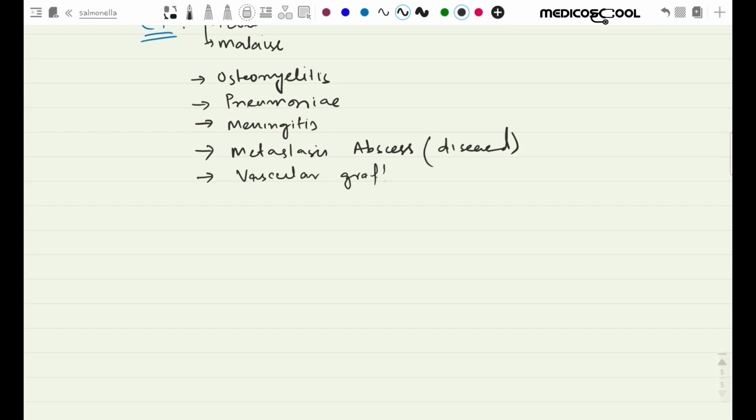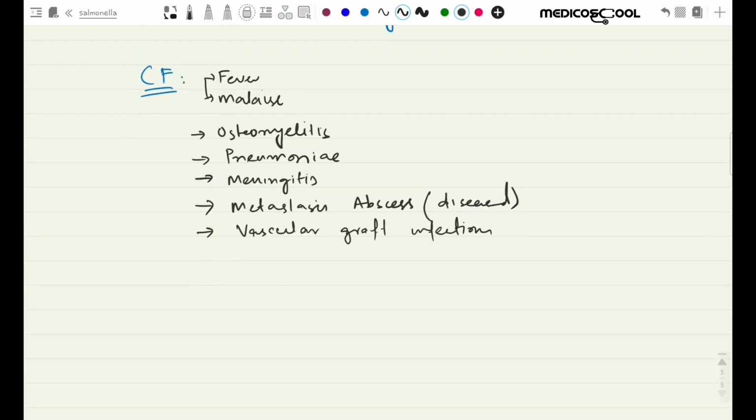So osteomyelitis is due to bone, pneumonia due to lungs, meningitis due to the meninges, and metastatic abscesses in already diseased organs, most commonly infarcts and aneurysms. These were the clinical findings of septicemia caused by Salmonella choleraesuis.